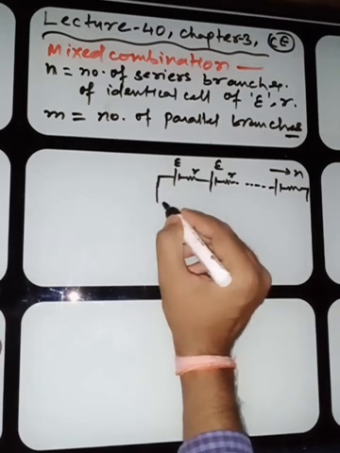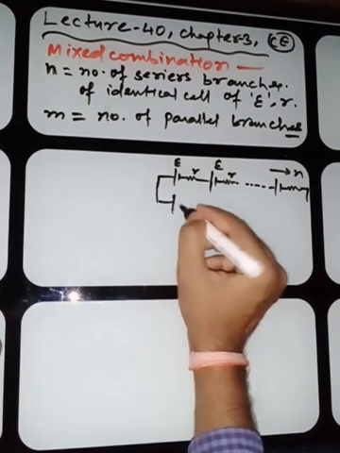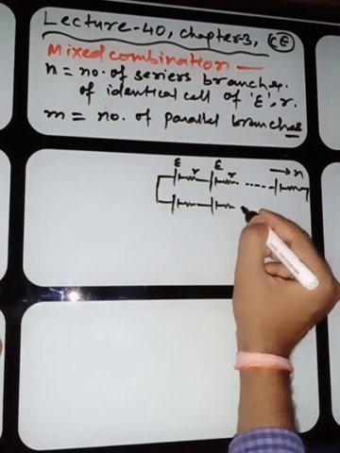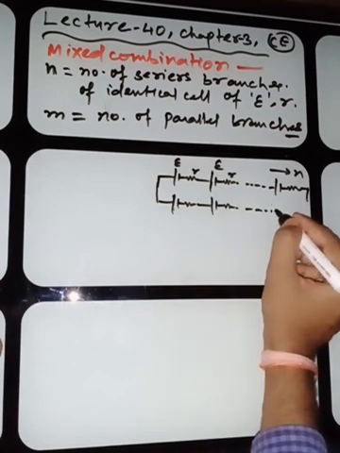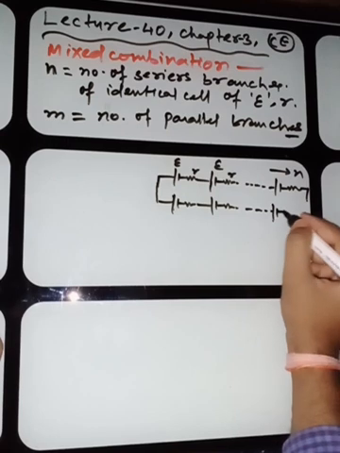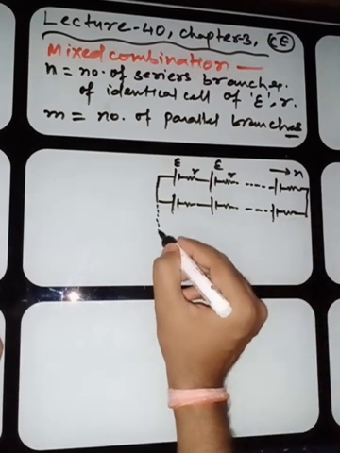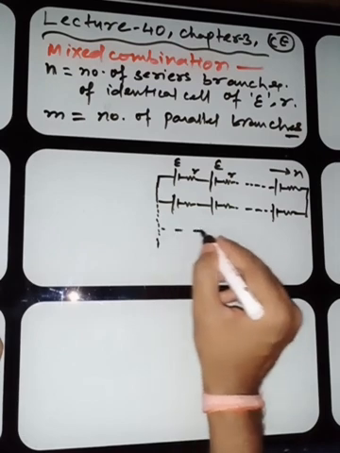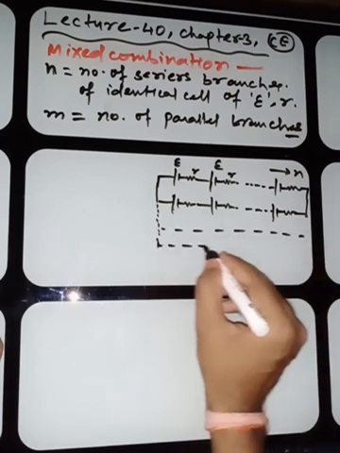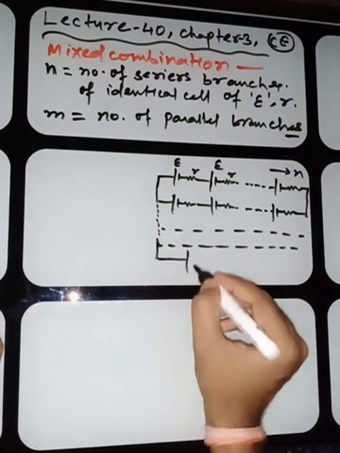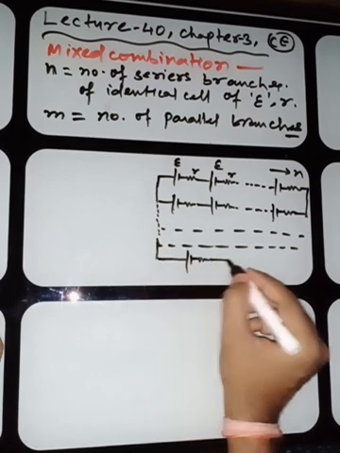In the same way we arrange another one till n number, and we have to arrange this till the number of branches, which is m.